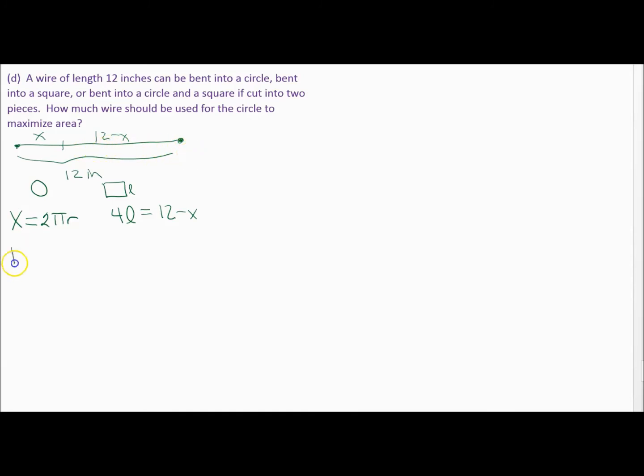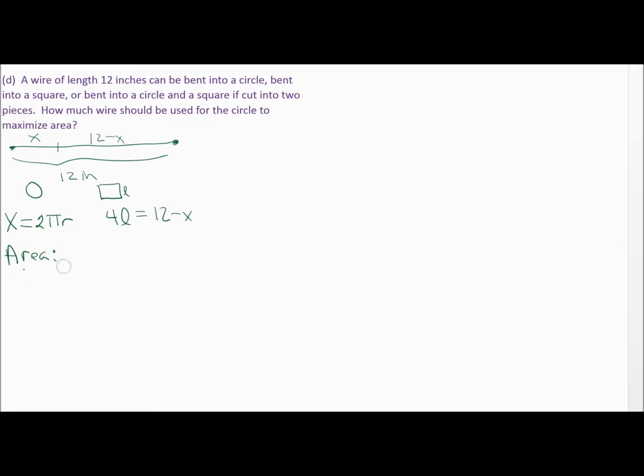Now let's talk about area. All right, so once again I'm moving my screen around. Now the area of our circle, you know how to find the area of a circle, right? Area of a circle is, drum roll, pi r squared. Right? Well, what about the area of the square? Now, at least use L, because we've already used L in our picture.